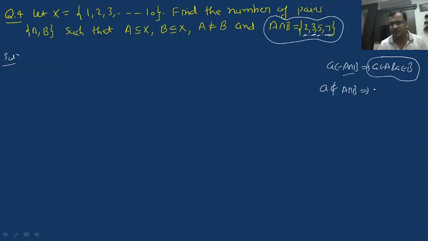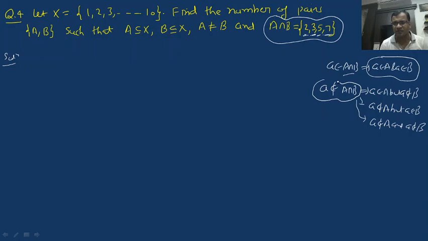The first choice is a belongs to A, but a does not belong to B. Or a does not belong to A, but a belongs to B. Or a neither belongs to A nor belongs to B. So if any element does not belong to the intersection of two sets, then there are three choices.